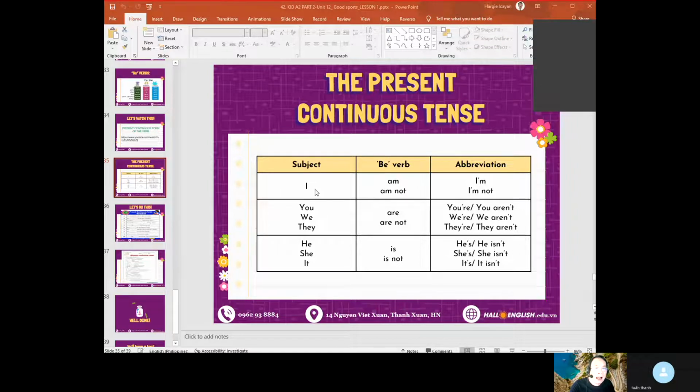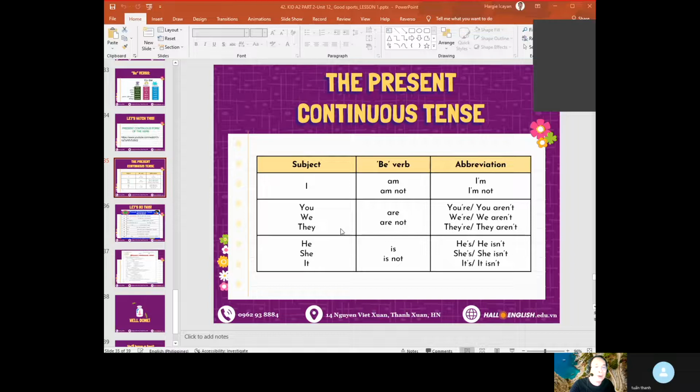So therefore we say I am, or the negative one is I am not. And we can also use the abbreviation or contracted form, which is I'm. I'm is short for I am. And we can also say I'm not, short for I am not. Did you get it, V?